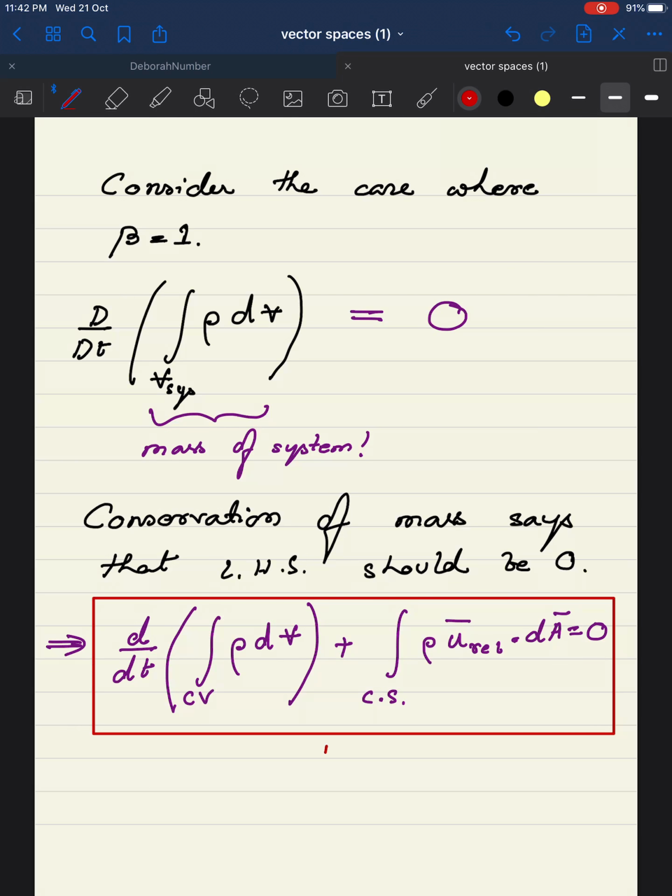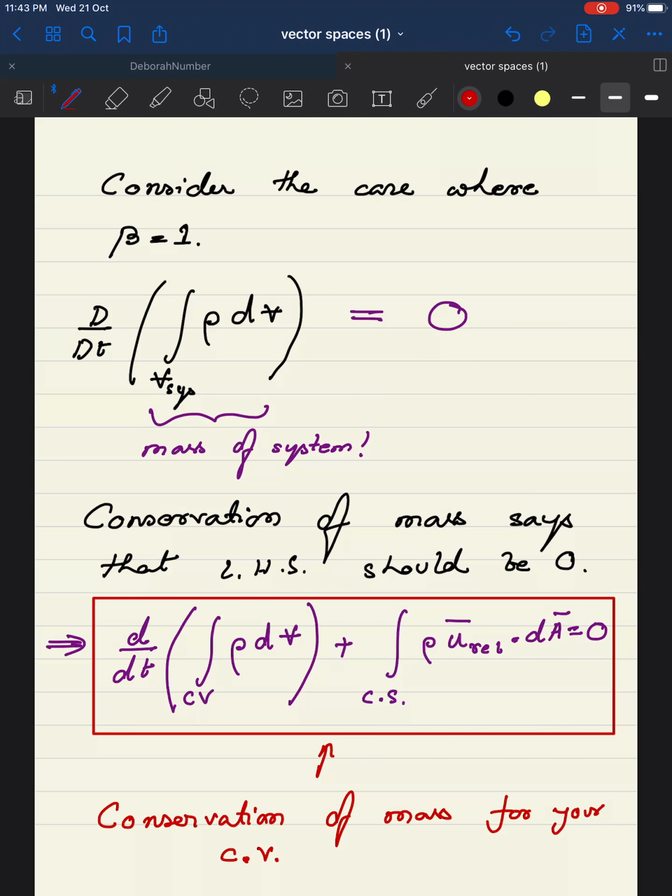So this is your conservation of mass for your control volume. Now, this part is not there in chapter 3. This is sort of chapter 4 of the book. But I thought it's easier to explain why we are doing this in one lecture.